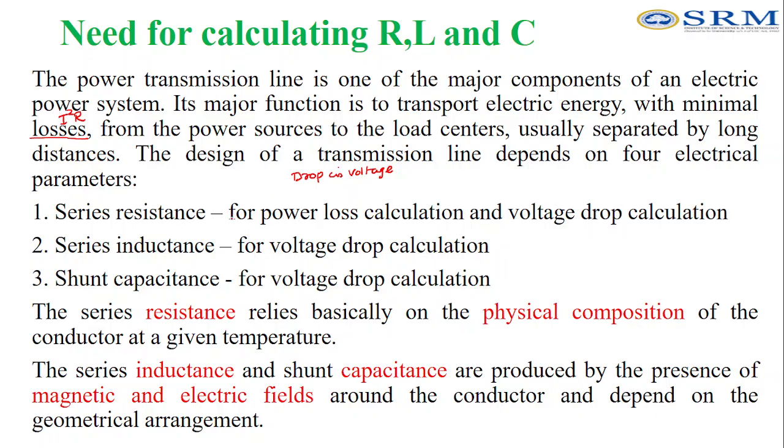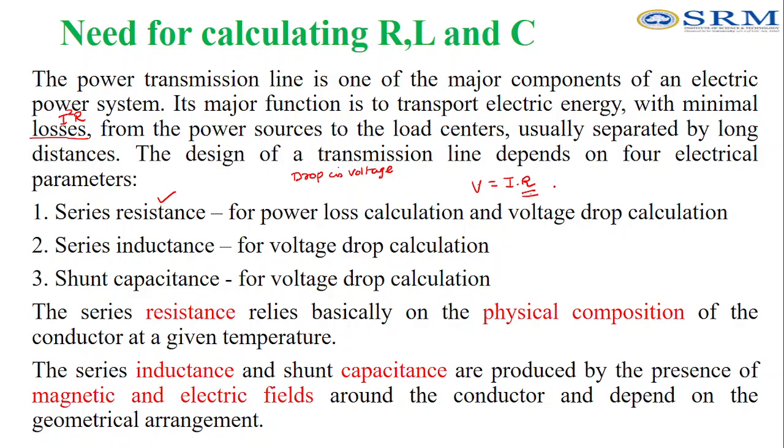Okay. So how are they going to make it? If you take the series resistance, series resistance makes the power loss. So in order to reduce the power loss, we have to calculate the resistance value. And resistance also makes the voltage drop, because the formula for voltage drop is V equal to I into R. So for calculation of voltage drop and power loss, we need the resistance value.